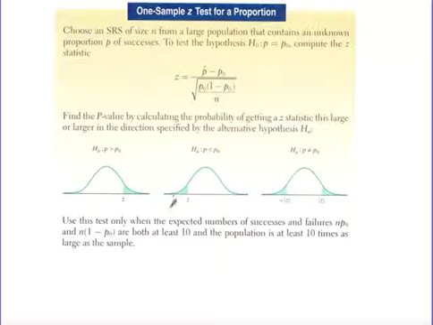Use this test only when the expected number of successes and failures are both at least 10 and the population is at least 10 times as large as the sample. Basically, this p0 is the proportion at the null hypothesis.